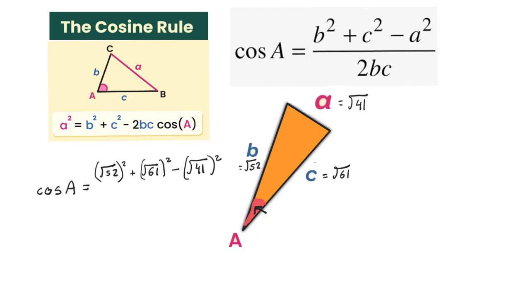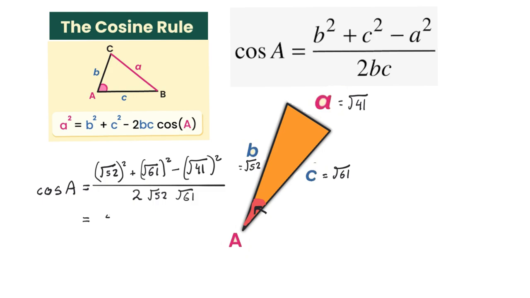Now you understand that there was no need for us to calculate the roots, because once they're squared, it's easy. And all this is over 2b, which is root 52, multiplied by c, which is root 61.